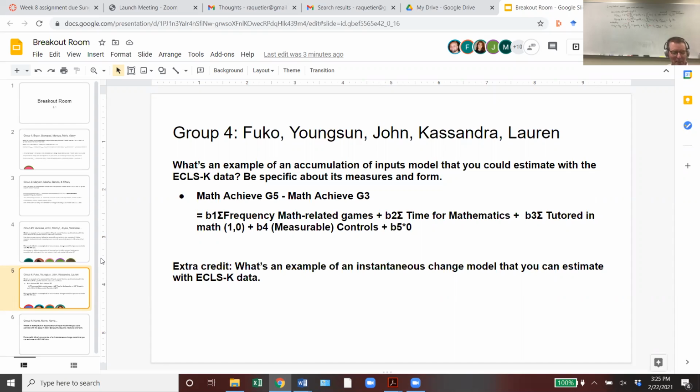So tutoring might end up being more of a continuous variable than just a 1-0 variable. But, apart from that, this makes a lot of sense. Time on task, that's the time for mathematics, right? And in the data, the teachers report how much time they spend in math.